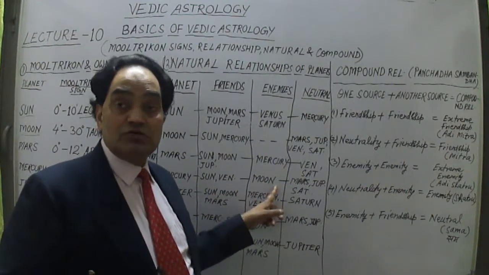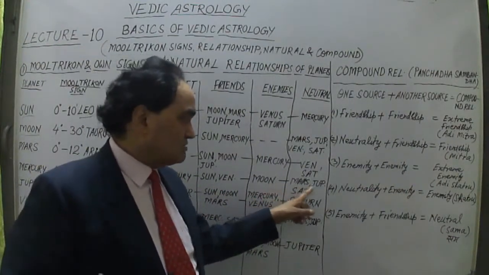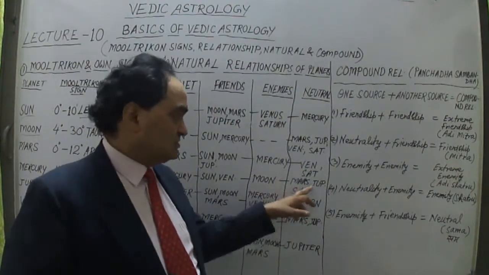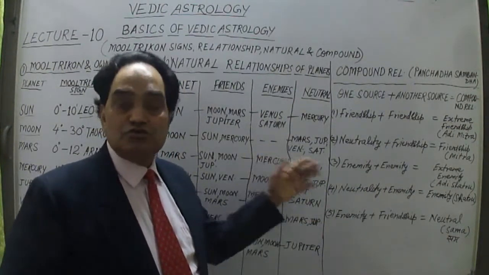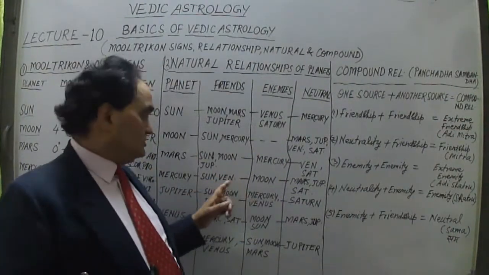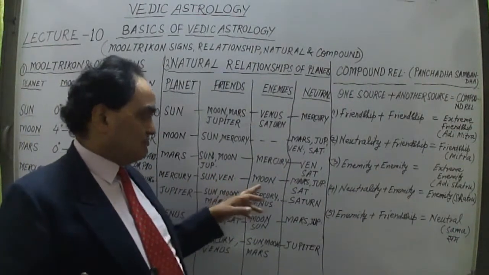Moon is an enemy to Mercury, while Mars, Jupiter and Saturn are neutral to Mercury.